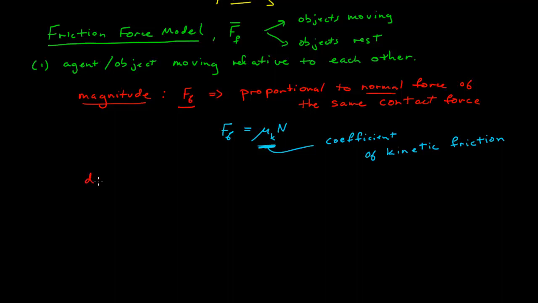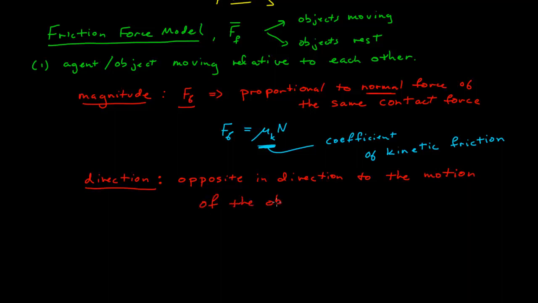The direction, as we've already seen, is parallel to the surface of the object at the contact point, but it is also opposite in direction to the motion of the object relative to the agent.